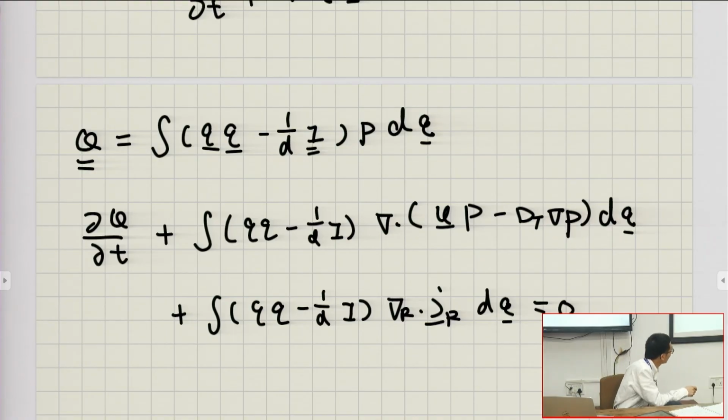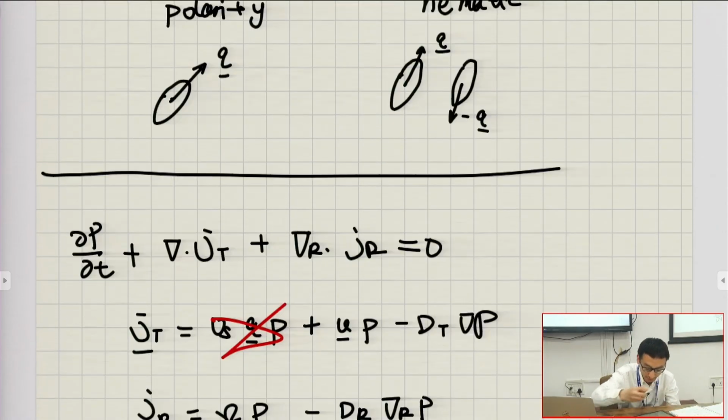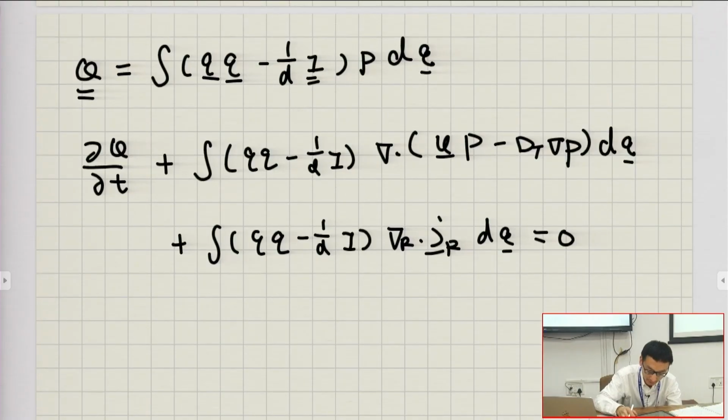But in these systems, diffusivity is often quite small because you have a composite structure: motors linked to microtubules. So often that term is quite small in this particular context. We can neglect this term.